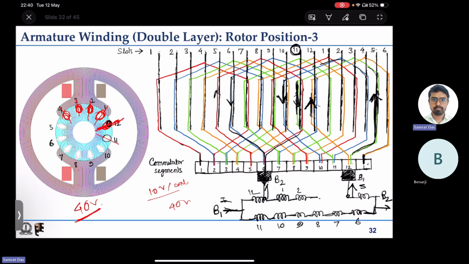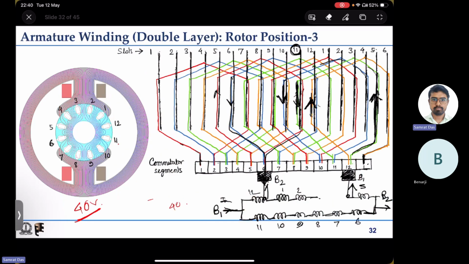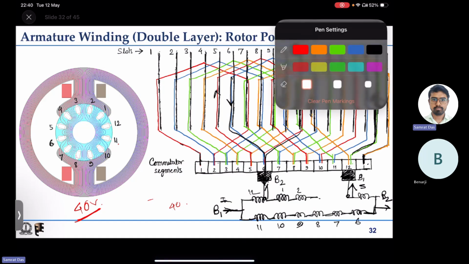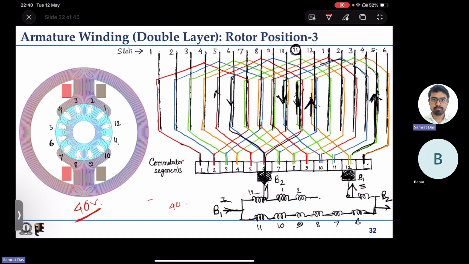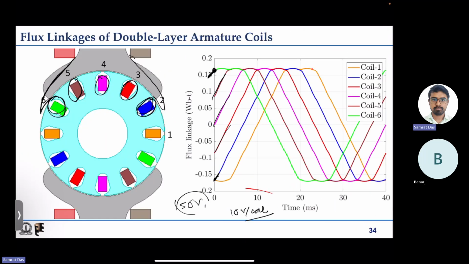This is one type of rotor position that we have already considered, where no commutation is happening. Can you see that it is the same? Here how many did we have? 12.